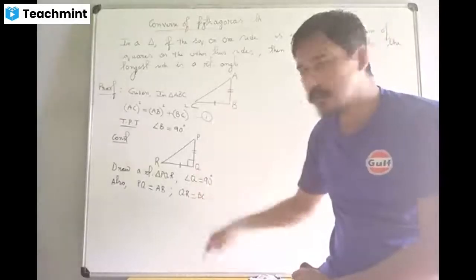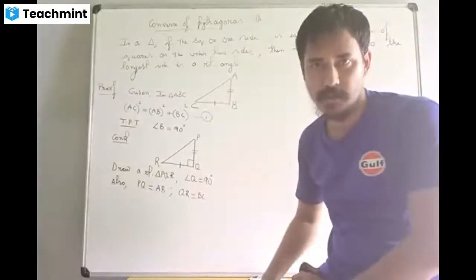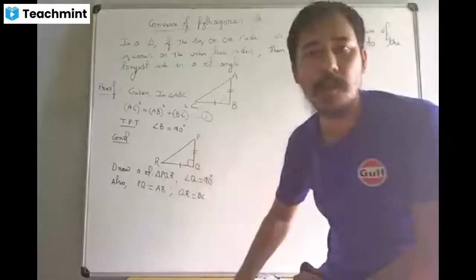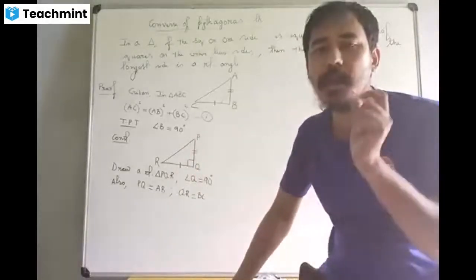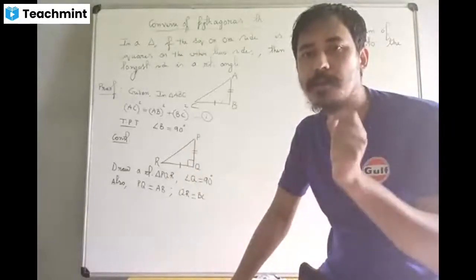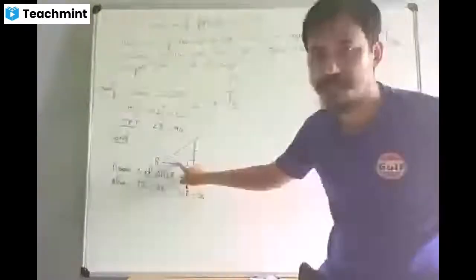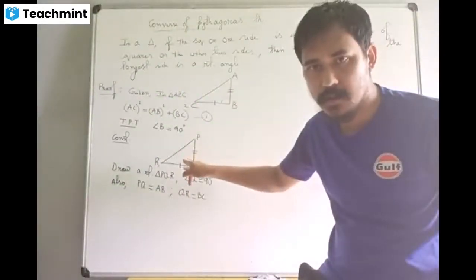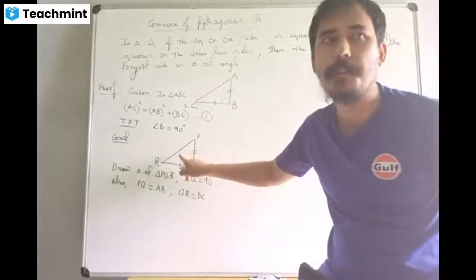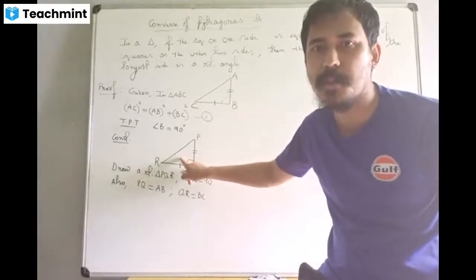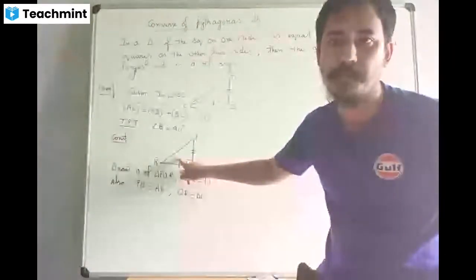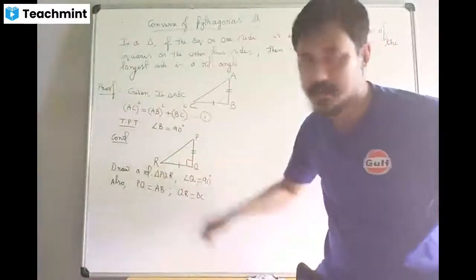Since PQR is the right triangle, we can apply Pythagoras theorem in this particular triangle. Are you clear with that? Yes.